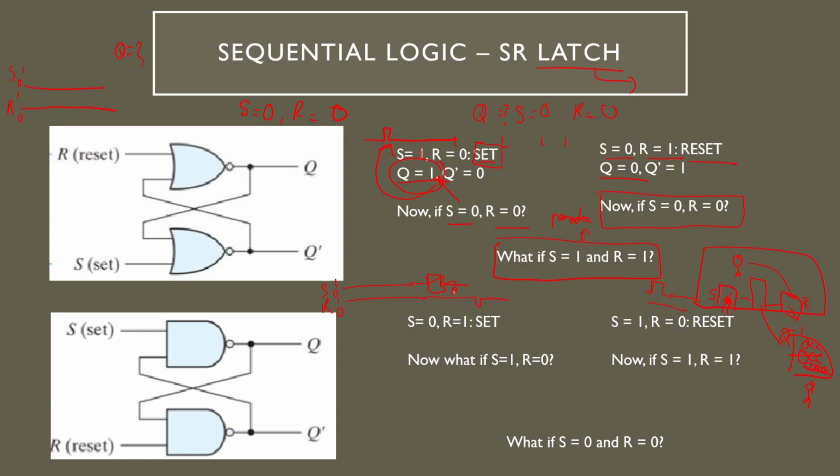So at this point, Q became 1, and at this point, Q became 0. And at this point, Q again became 1, and at this point, Q again became 0, and so on. And again, there's also the paradox case of S equal to 0, R equal to 0, which is both of them being outside their idle states. So yep, that is how that works.